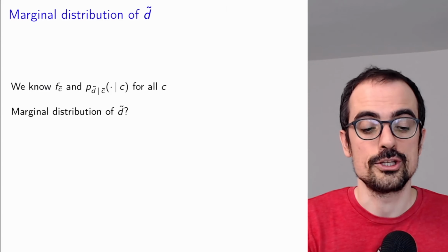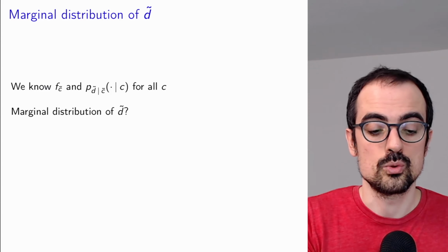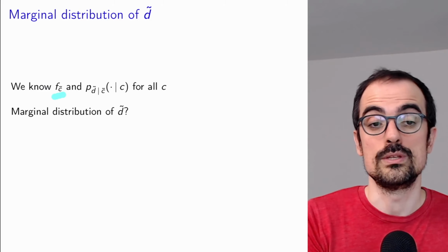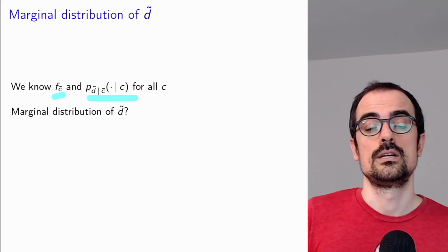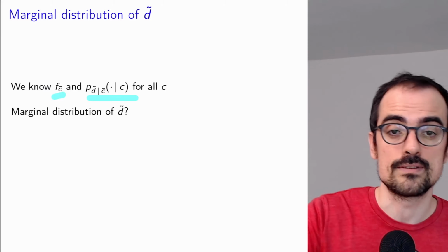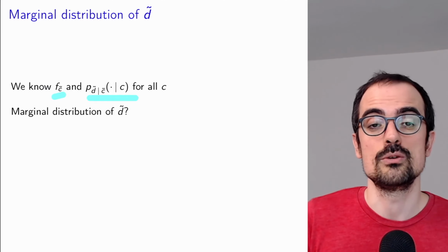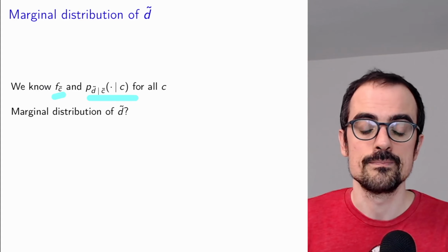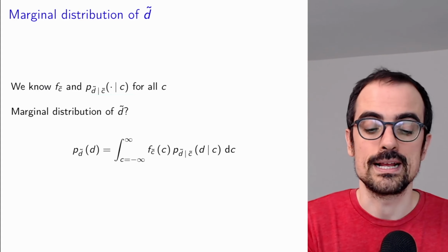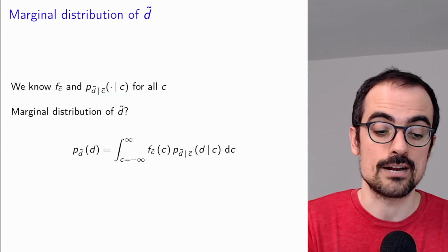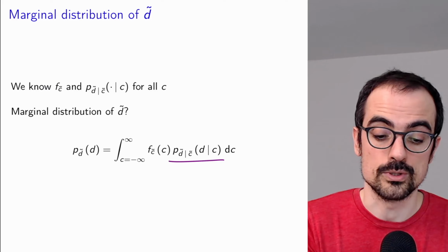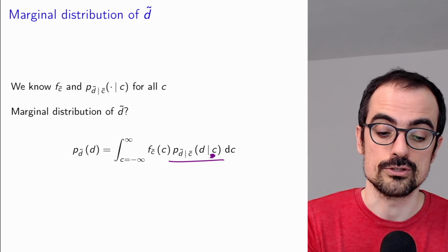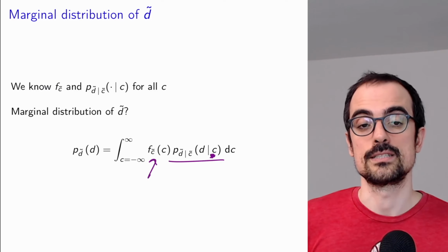So imagine that you have access to the density of the continuous random variable and the conditional PMF of the discrete random variable given the continuous random variable. How can you get the marginal distribution of D? Well, you can aggregate, and in this case, because you're aggregating infinite values, because you can condition on any possible value of the continuous random variable, you multiply by the density.